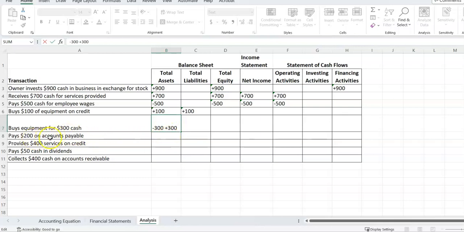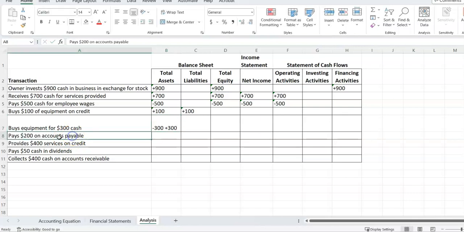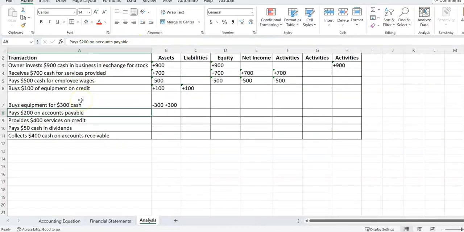Okay. Now we're going to pay $200 on that accounts payable. Okay. I'm actually going to change this one to purchase $200 in supplies on credit.